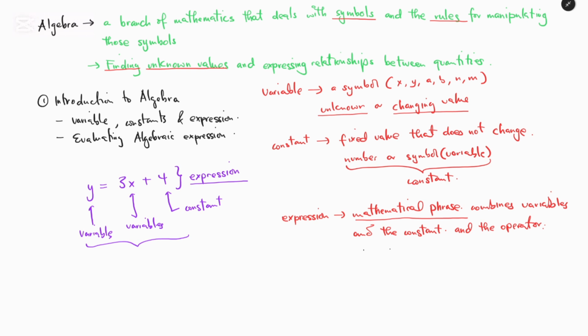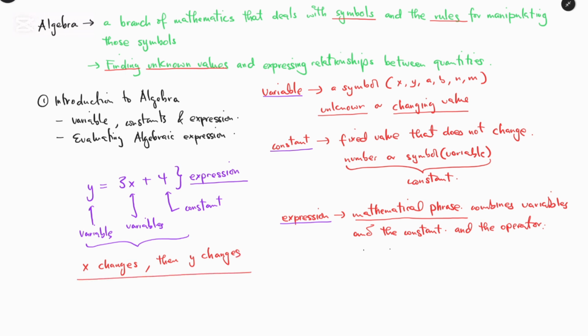This now brings us to the conclusion where we define what is a variable, what is a constant, and what is the expression. Remember that the variables are the changing values and the constant is a fixed value and the expression is a phrase of both the variables and the constant. And we can see if the x changes, then the y changes in this phrase.